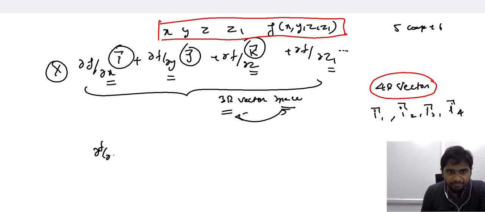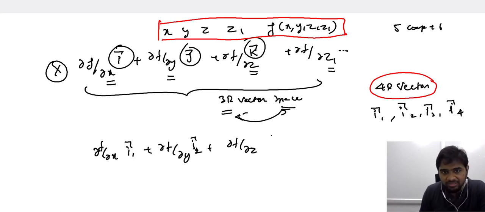So, dou f by dou x, I1 vector, dou f by dou y, I2 basis, dou f by dou z, I3 basis, and dou f by dou z1, I4 basis.